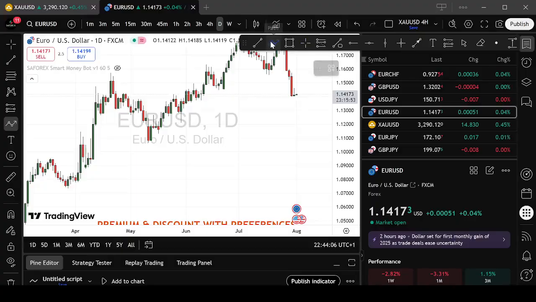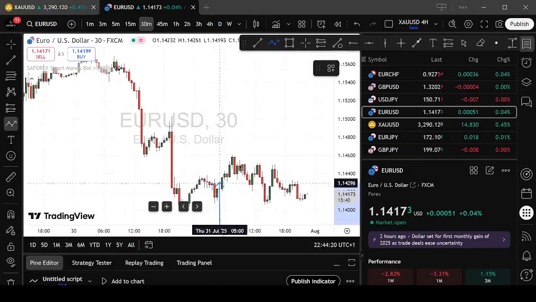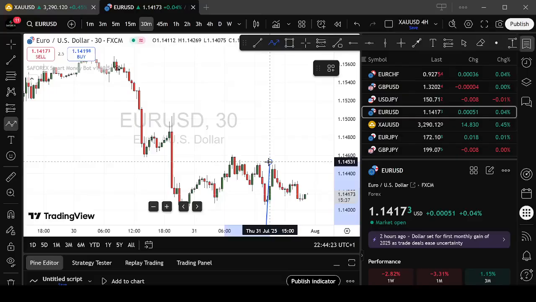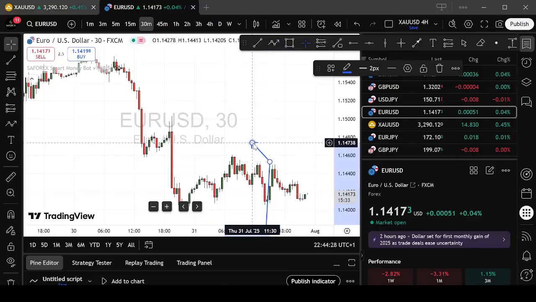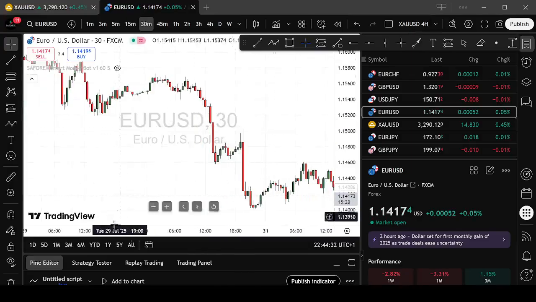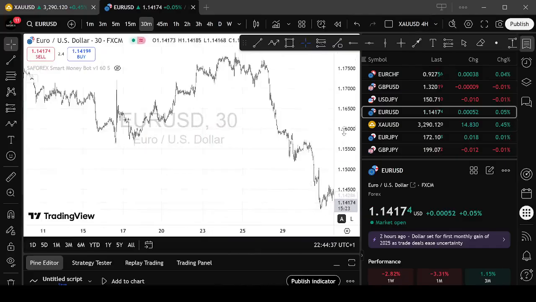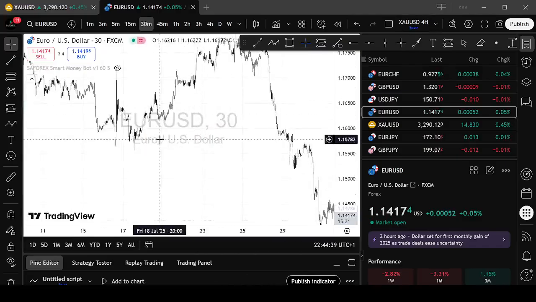What I mean is this: if price is creating a new directional change in character, price will definitely leave a fair value gap behind for you once they are doing their change of character or break of structure. It will leave a fair value gap behind for you that they are coming to fill.